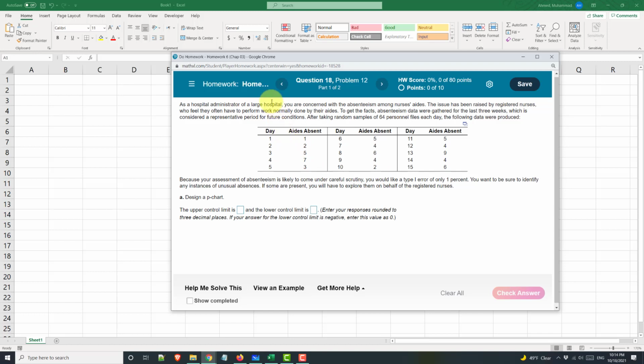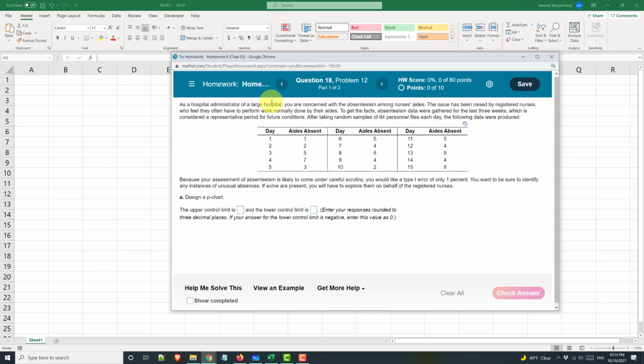Now, these questions are slightly different from the solved examples in the textbook. The main difference is that in these problems, you're given raw data, how data is collected in real life, and then you have to find the sample statistics like P bar or the long run average X bar.